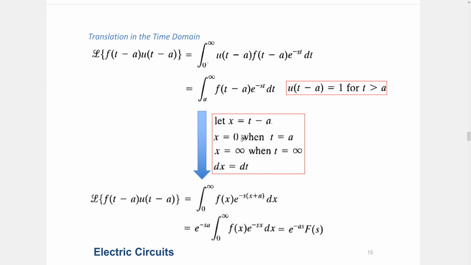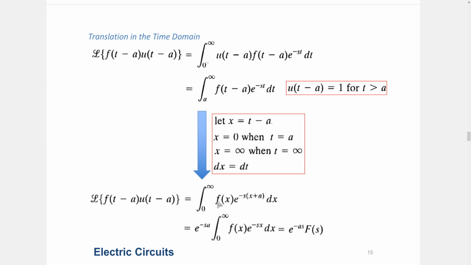From here we can also see that dx equals dt. Now, if I do that change, I can redefine my integral from 0 to infinity of f(x) e to the minus s(x plus a) dx.